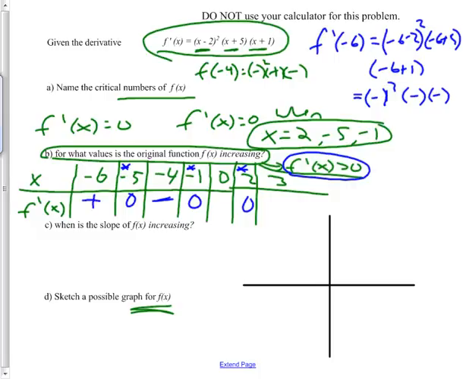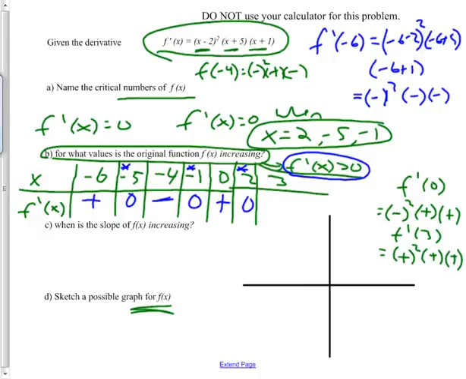This is getting a little bit messy, but f prime of 0 is going to result in a negative number squared times a positive number times a positive number. So negative squared is positive, times a positive results in positive. And if I plug in when x is 3, so f prime of 3, we get a positive number squared times a positive times a positive.